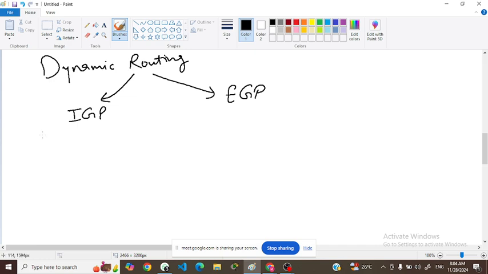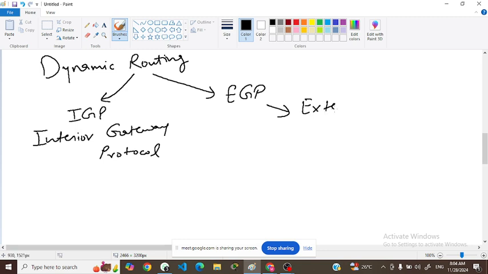IGP means Interior Gateway Protocol, and EGP means Exterior Gateway Protocol. Is it clear, guys?